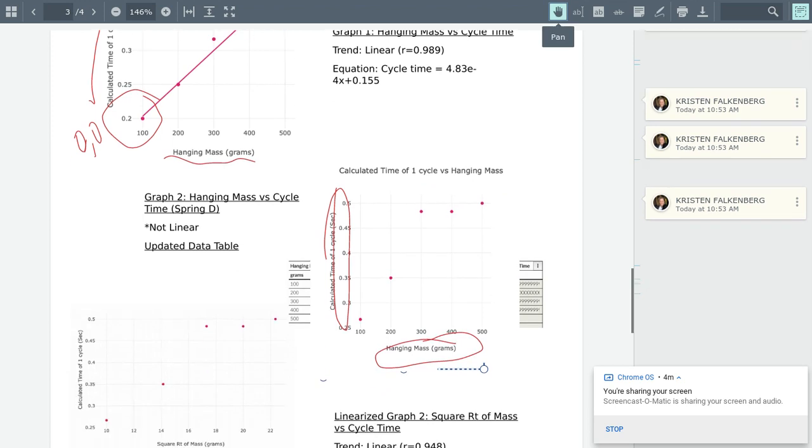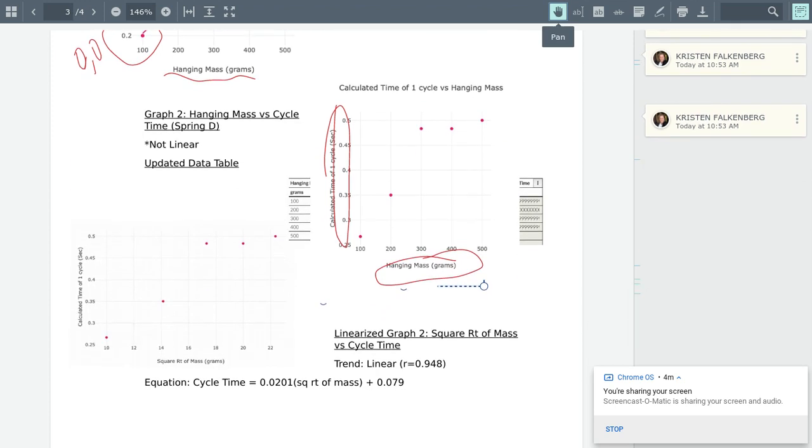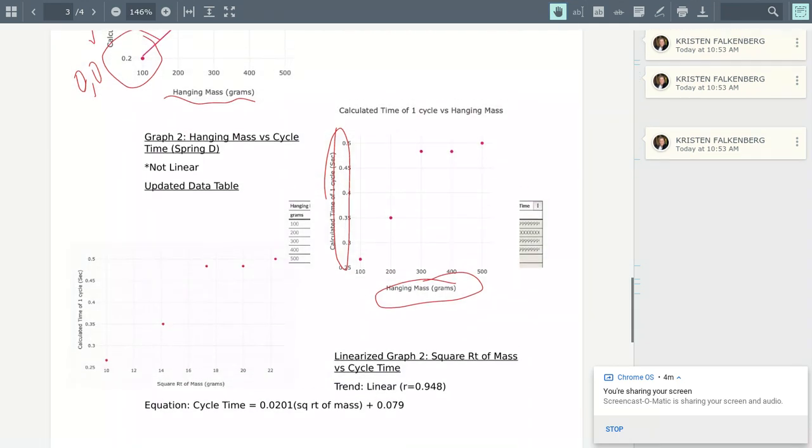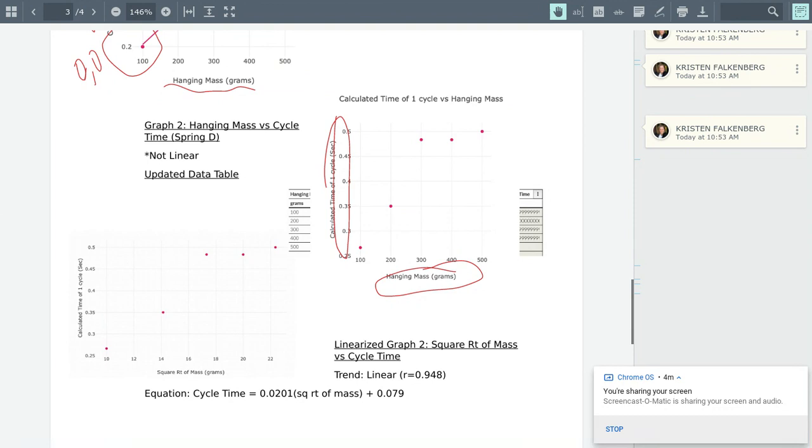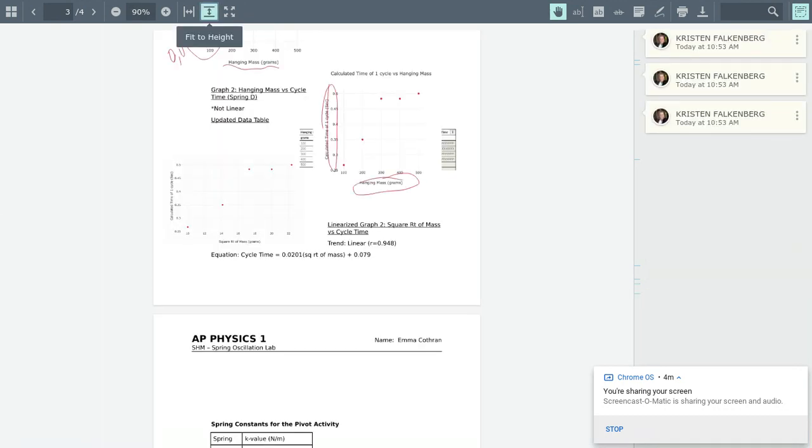And then again, still calculated time, one cycle, square root of mass. Oh, okay. Don't have a 0, 0. So the trend, etc., we're not 100% sure. It's not giving us great data. Maybe you were saying it was a square root. But ultimately, I've got some conflicting information on this write-up. Do you get what I'm saying?